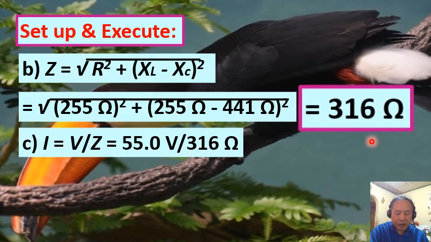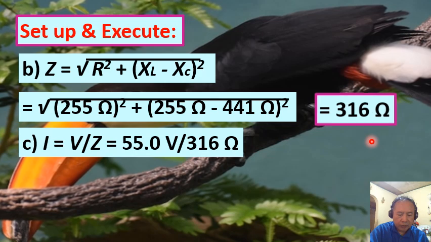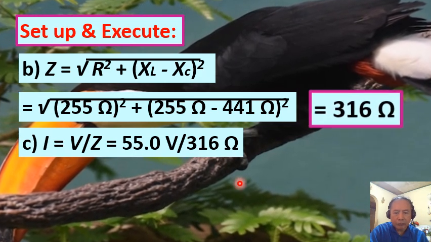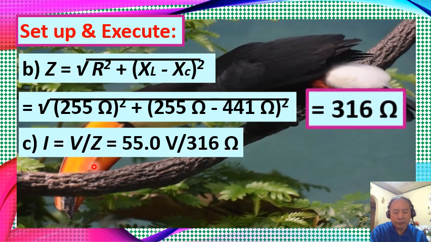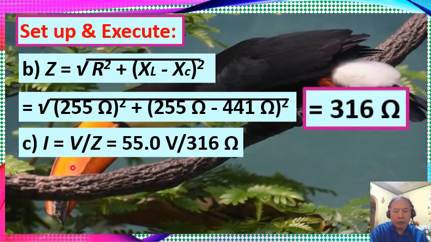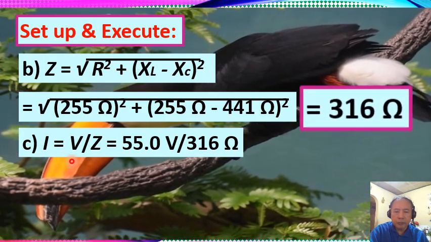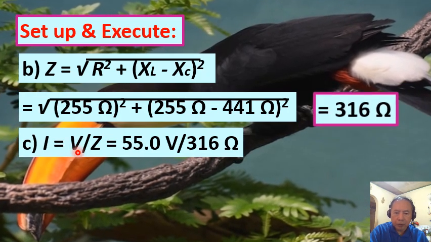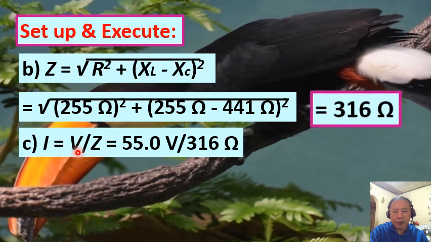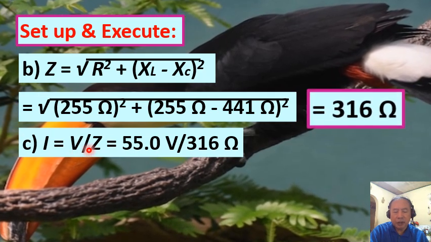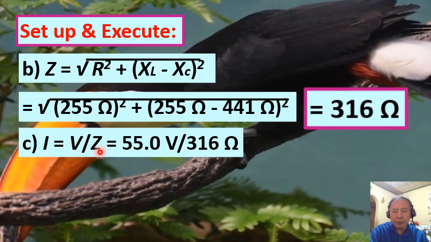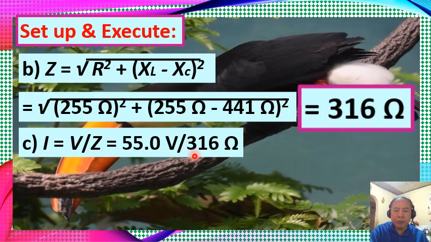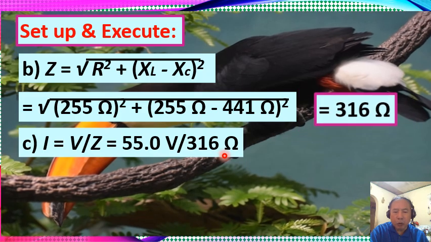In part C, finding the current amplitude, capital I, that's simply dividing the voltage amplitude, which is also the source voltage V sub S, by the impedance, capital Z. That is 55.0 volts divided by 316 ohms.